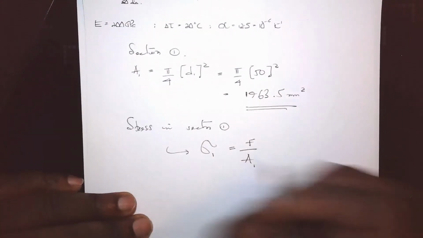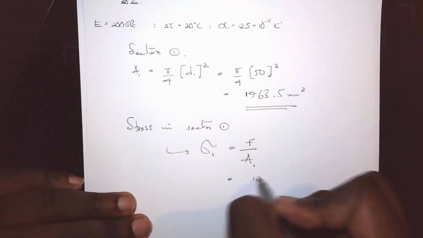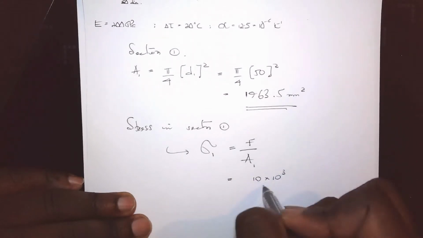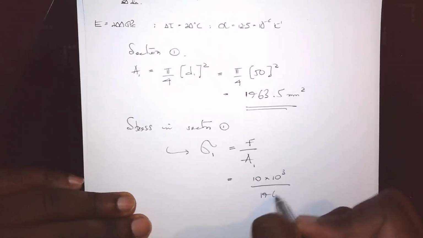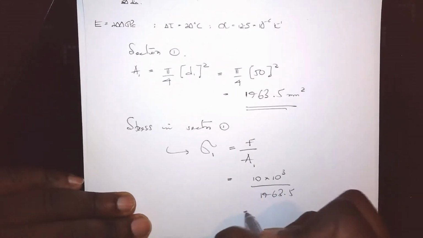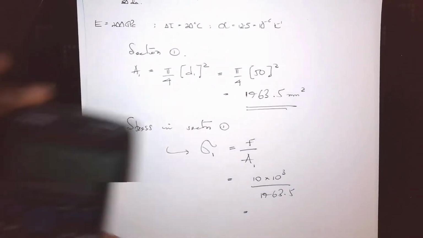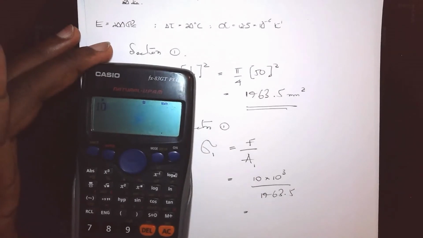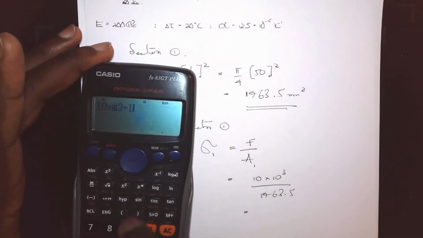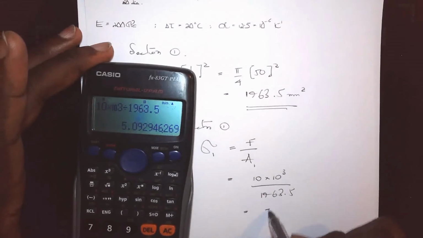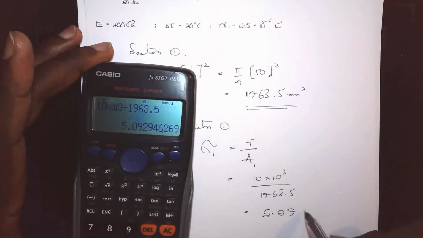So that will be equal to 10,000 newtons divided by 1963.5. So we do the computation, 10,000 divided by 1963.5, that gives 5.093 newtons per millimeter squared.